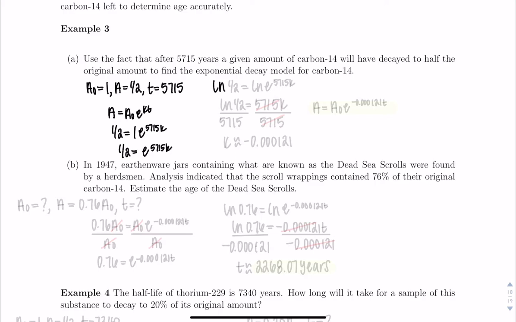So we need to take the ln of both sides. So the e and the ln cancel. Then we have ln of 1/2 equals 5,715k.